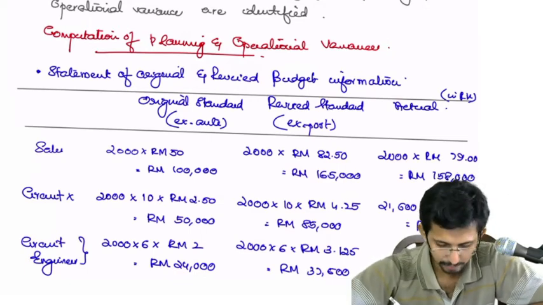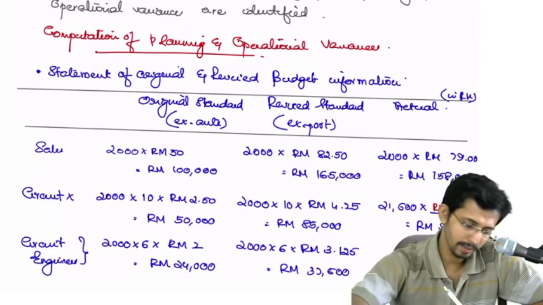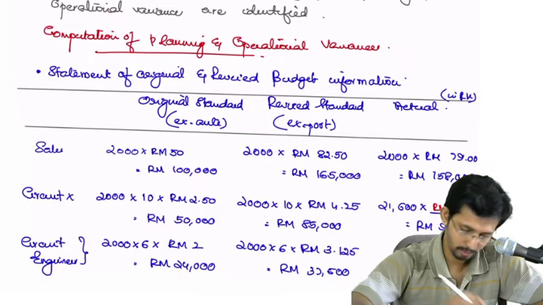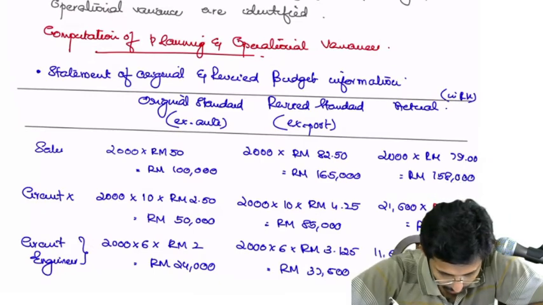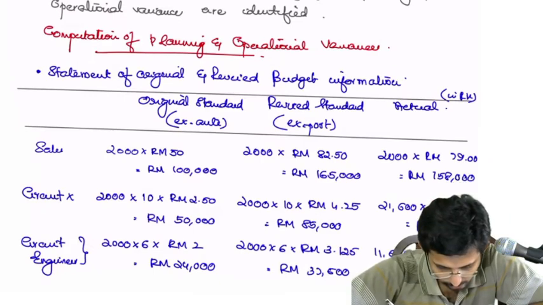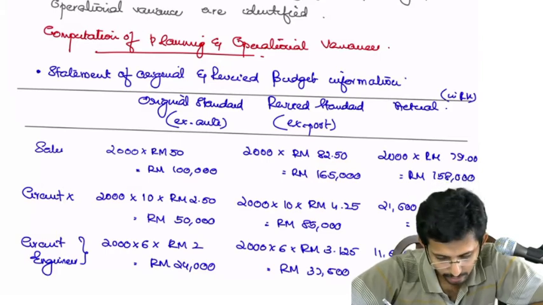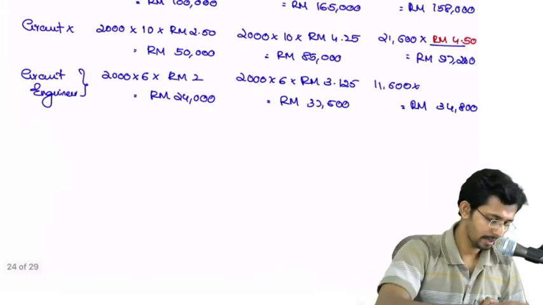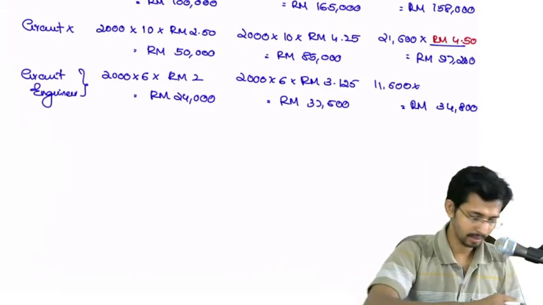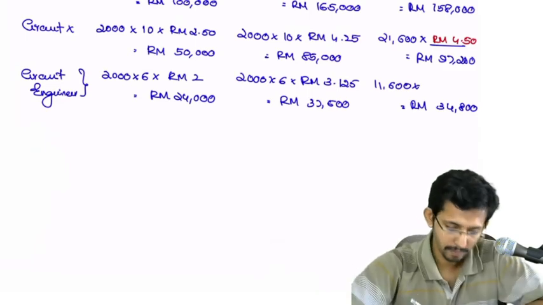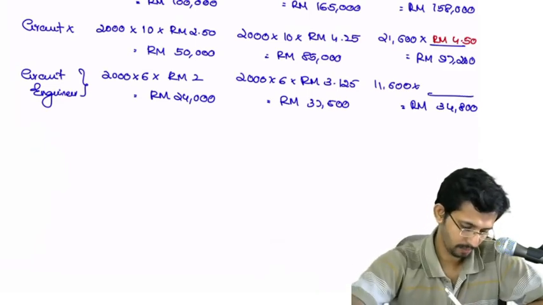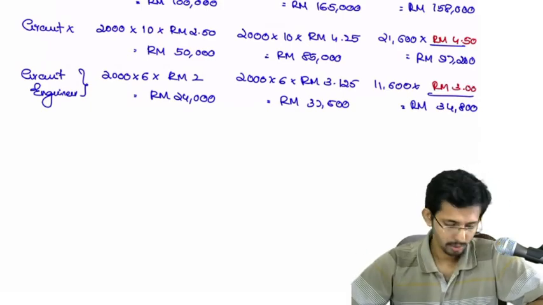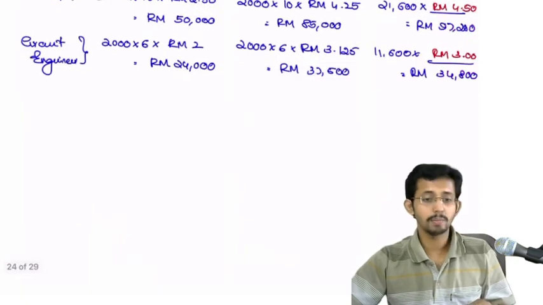The next total is 11,600. Total cost is 34,800. So 11,600, RM 34,800. So 34,800 divided by 11,600, that is 3. Okay, so this is the revised budget.